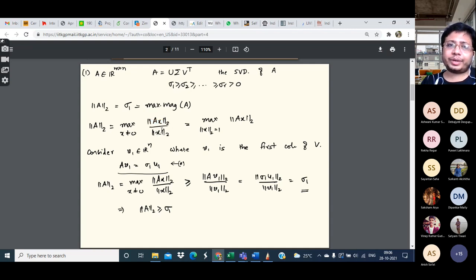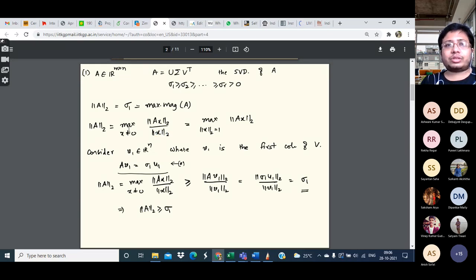Below, in the denominator, x is an n cross 1 vector, so that will also have its L2 norm. So in the numerator we are calculating the L2 norm of an m dimensional vector, and in the denominator we are computing the L2 norm of an n dimensional vector.